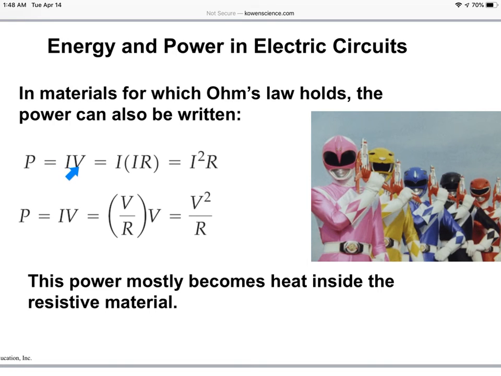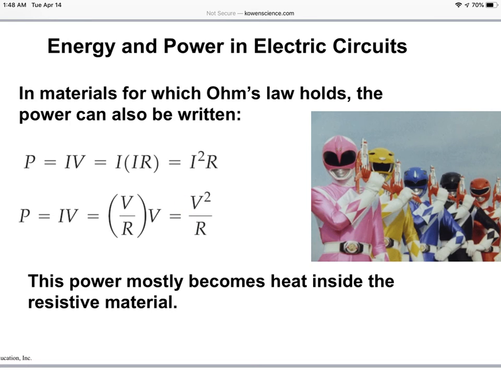Now, if we needed to solve a problem where we have current but we do not have voltage, power can equal current squared times resistance. We also have power equals voltage squared divided by resistance.